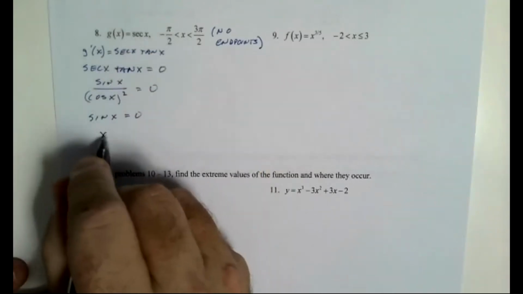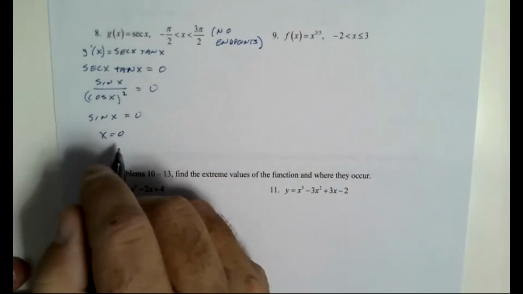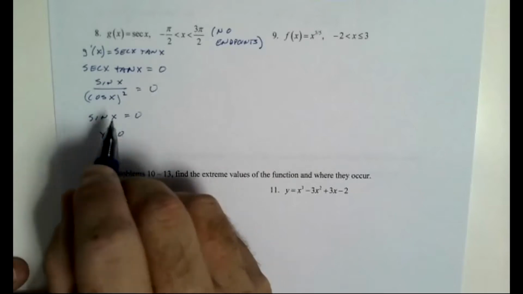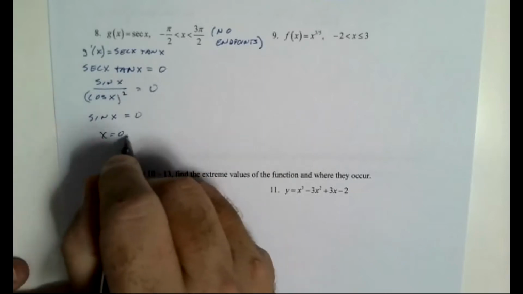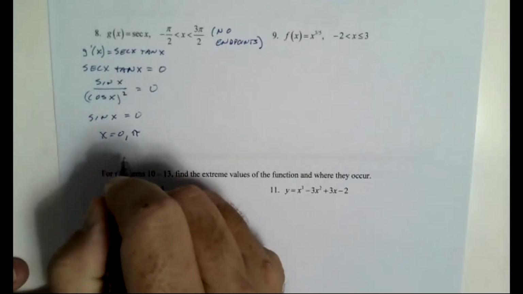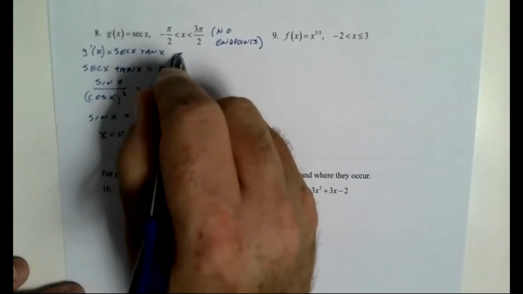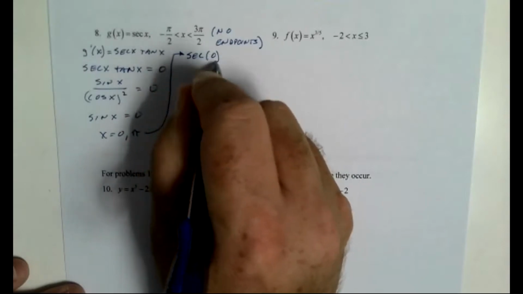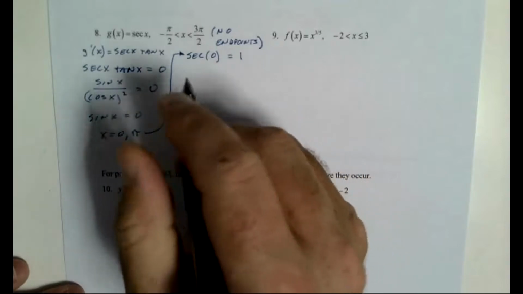In that interval, x equals 0, and at pi, that's it. Those are the ones we check. Tricky part for people, plug it back into the original. Secant of 0, 1 over cosine of 0 is 1.